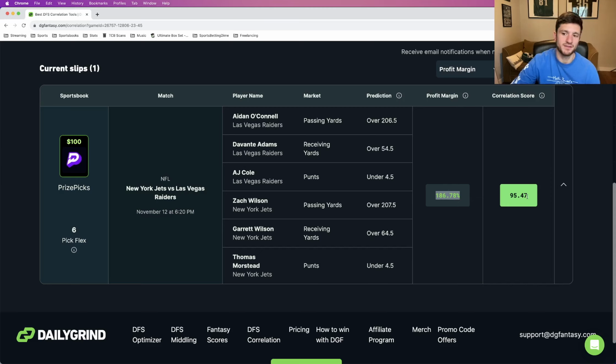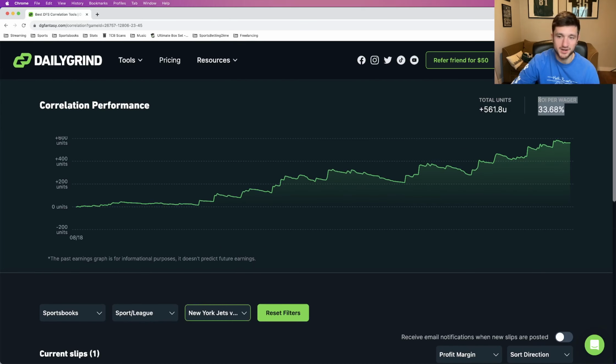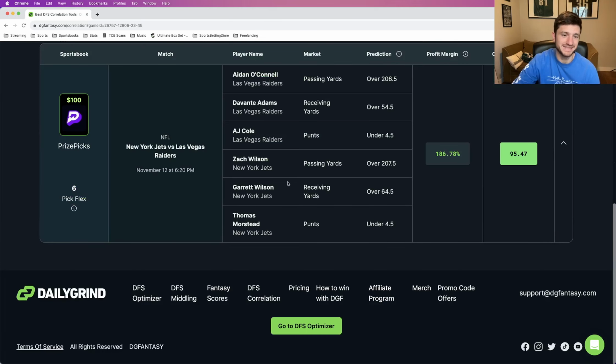It takes into account the correlation score, so the higher the correlation score, the higher the profit margin, while also adding up the positive expected value of each leg individually, because not only are these plays correlated together, but individually they're positive expected value as well, which is why you're getting such a high profit margin on these slips, and it's why your ROI is so high as well. These would be good straight up, but because they're all correlated together, it makes it even better. So that's what all this stuff means.